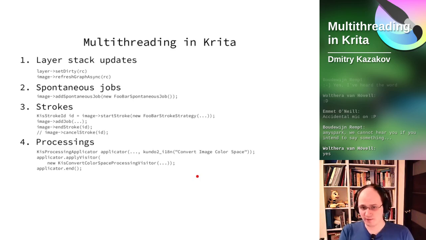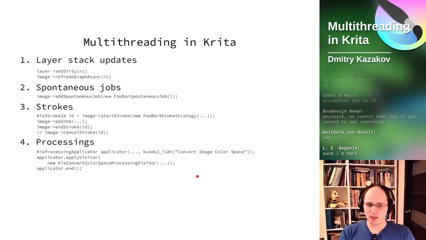So we just call apply visitor, and the processing applicator applies this visitor on every layer of the image, and we can instruct the processing applicator to apply this visitor in different threads.